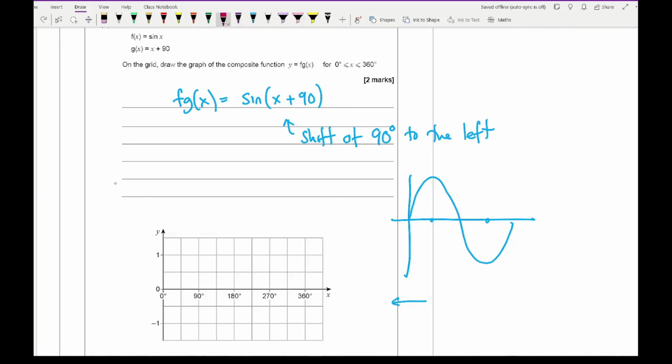So 90 degrees that way, this point at 0 is now going to be here. This point here is now going to be this. So what it's going to look like is, we're starting at 1 and we then just go up in terms of 90. So it's actually going to represent this graph, which we should end up with something that looks like that.